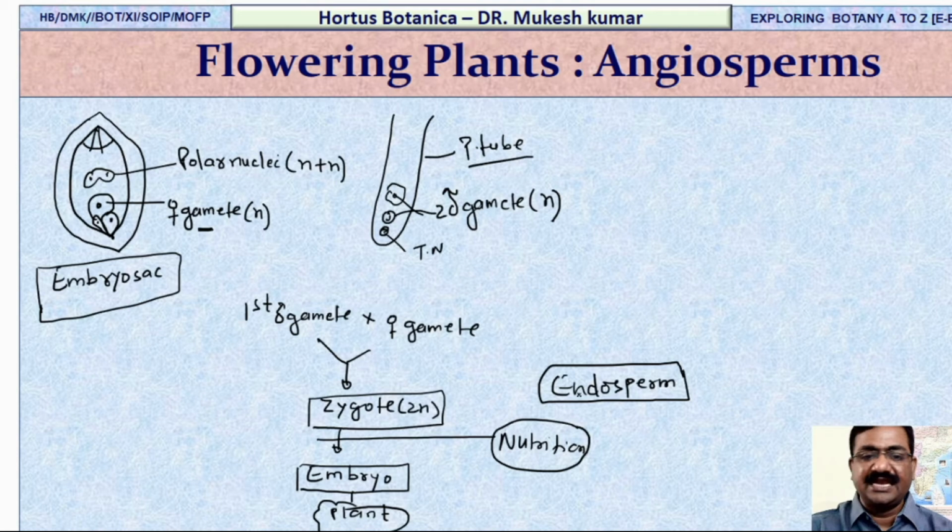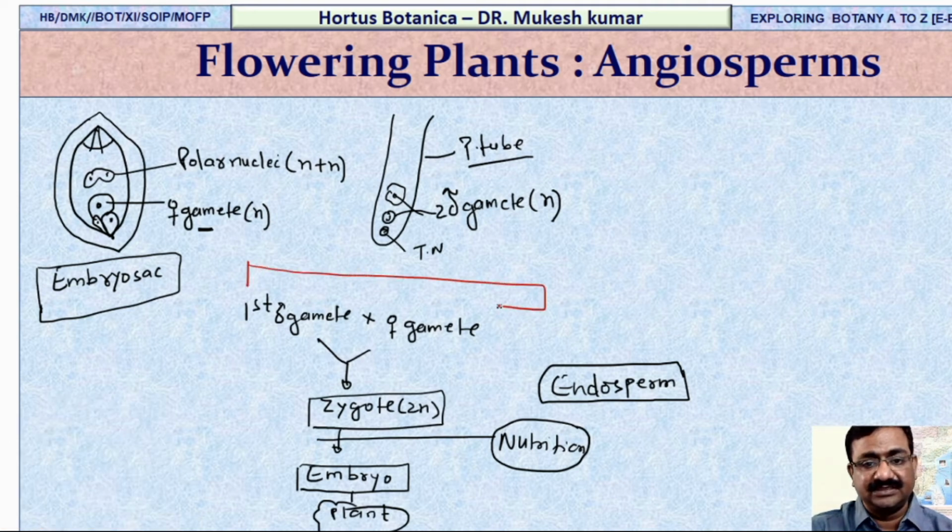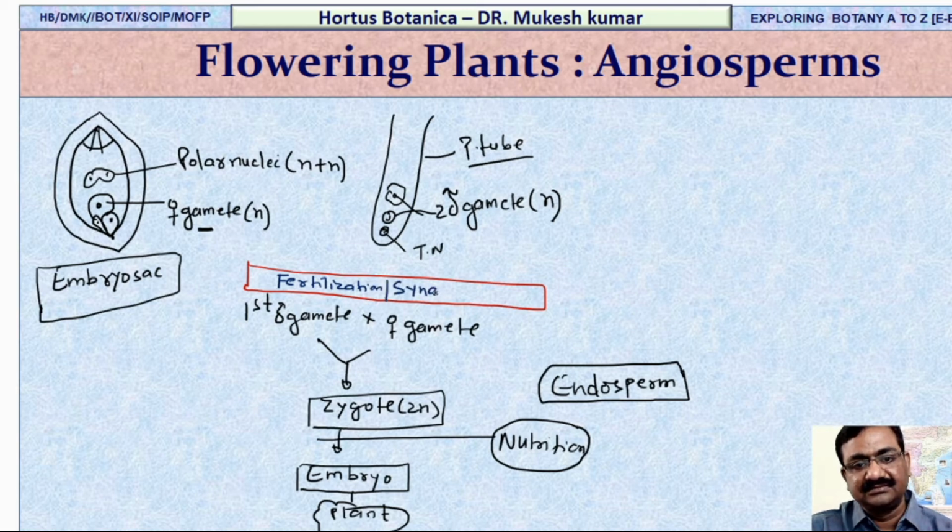How does this endosperm come? First, this process is called fertilization, or syngamy, or amphimixis.